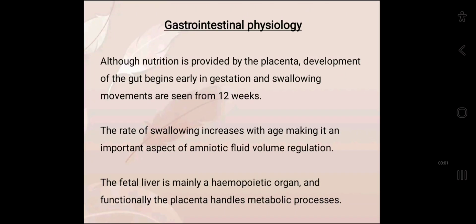In gastrointestinal system physiology, although nutrition is provided by the placenta, the gut develops and swallowing occurs at 12 weeks. The rate of swallowing increases with gestational age and is an important aspect of amniotic fluid volume regulation. While the fetal liver is mainly a hemopoietic organ, the metabolic processes are handled by the placenta.